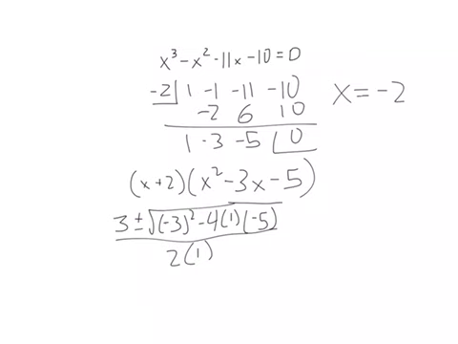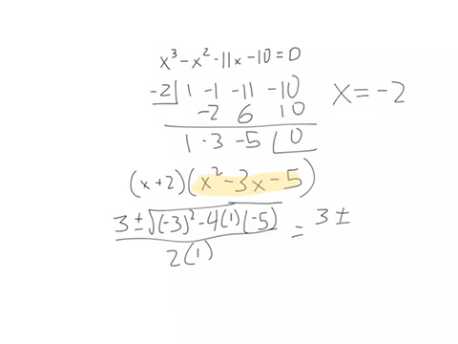Now, this again is only coming from this part right here, right? The negative 2 we already found by graphing is from this, and then the other two solutions are from this part here.